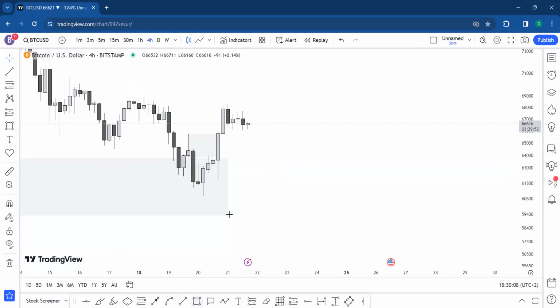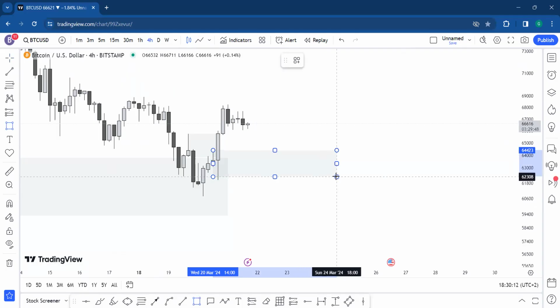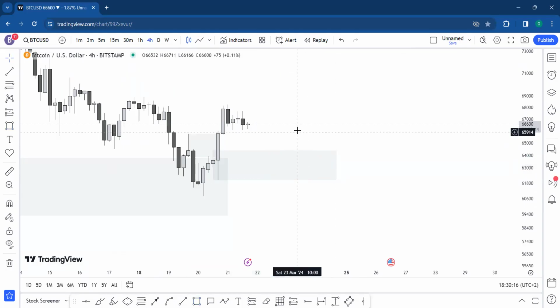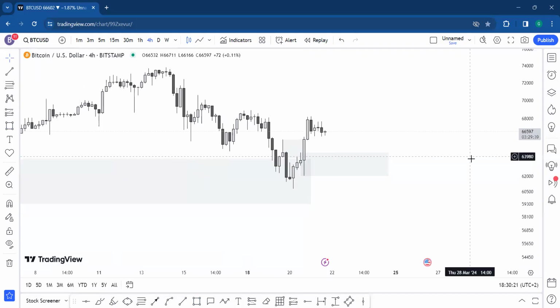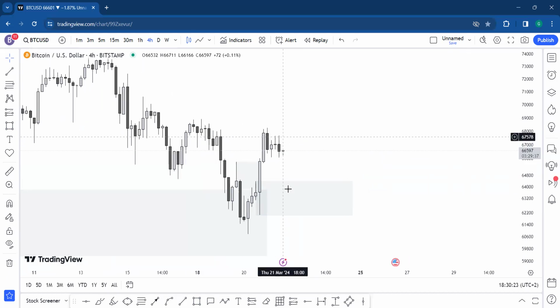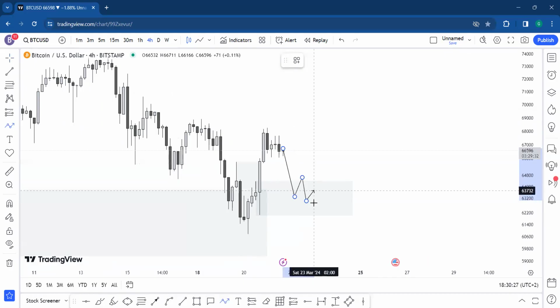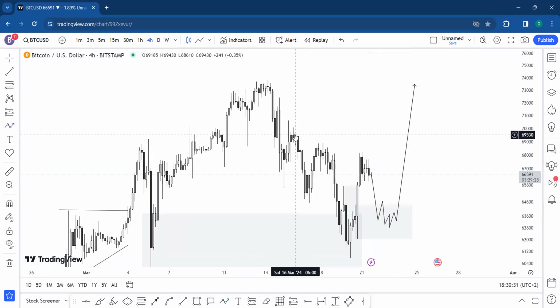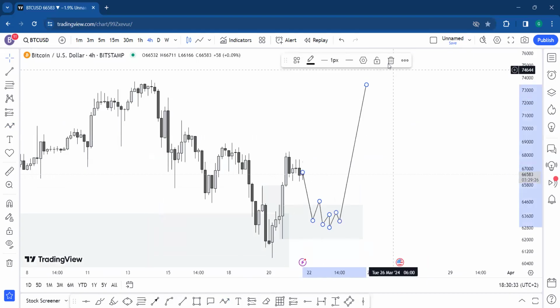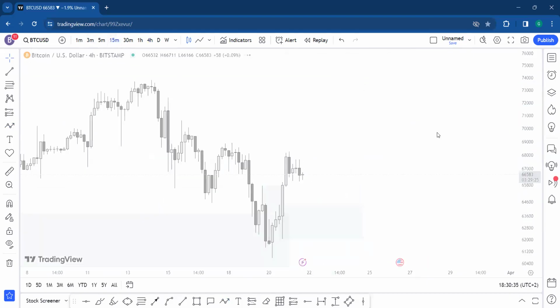It kind of failed, and now we're having something like this. So for a very perfect setup, it's when price comes into something like this, you wait for that M15 confirmation before you can buy into the next high.